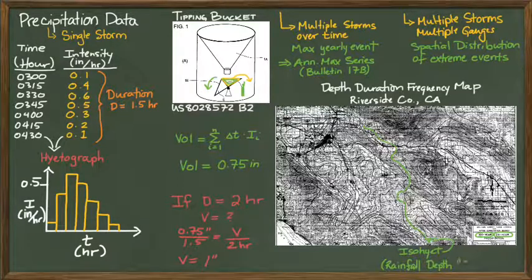So that's the kind of data that we can get out of this: we can analyze these gauges and expand or contract those storms to see how they would fit to a 24-hour distribution, how much rain would have fallen in 24 hours, and then analyze them based off of what would be the 100-year storm event.